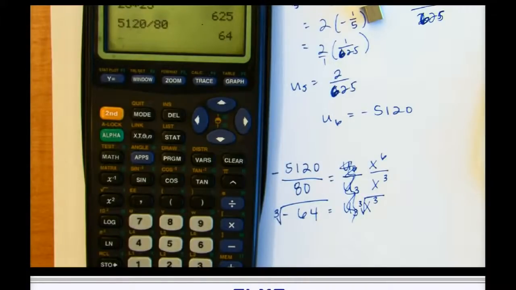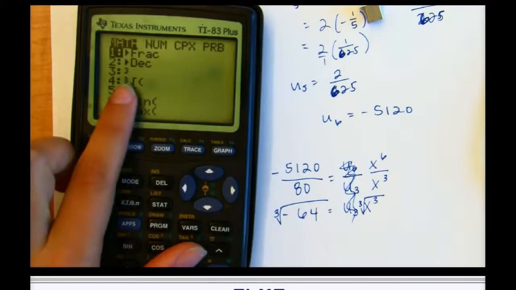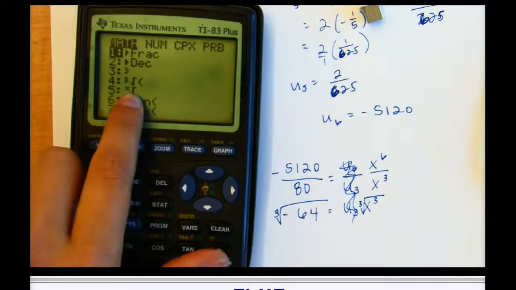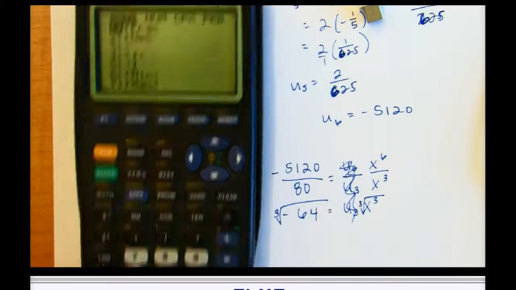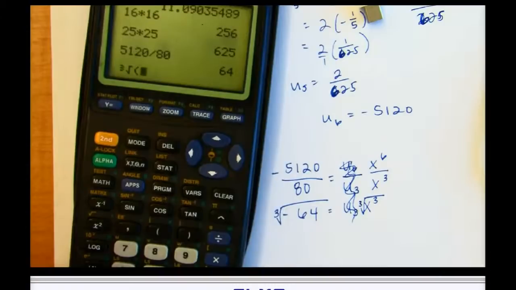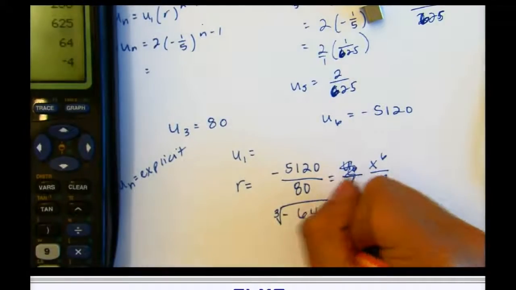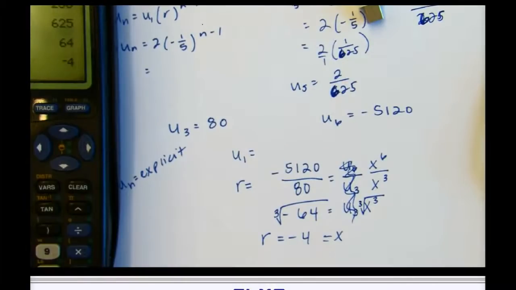In order to get to a cubed root, I'm going to press the math button, and you'll see one that shows up right here. If you need a higher root, you're going to use this function, and I'll explain that probably in another problem. So cubed root, I'm going to press 4 because it's tied to the number 4, and I'm taking the cubed root of negative 64. So in this case, x would equal -4, which is equal to my ratio.